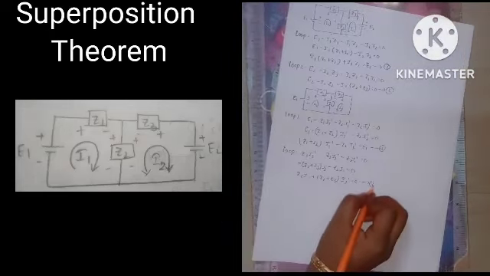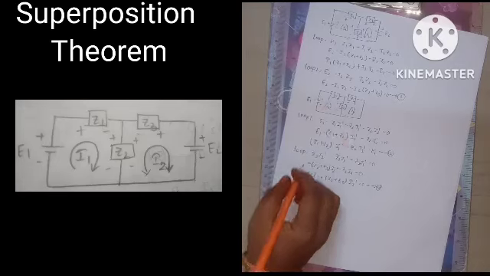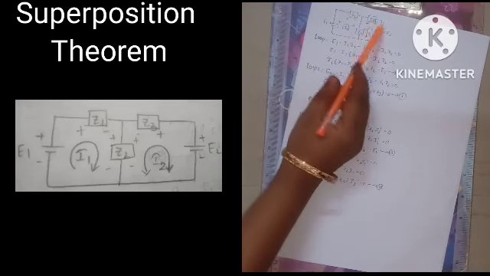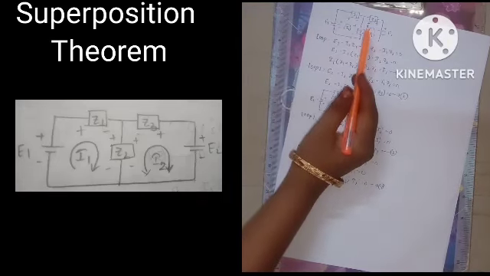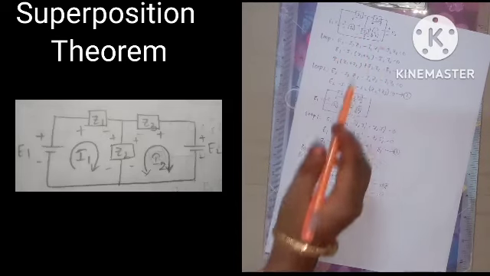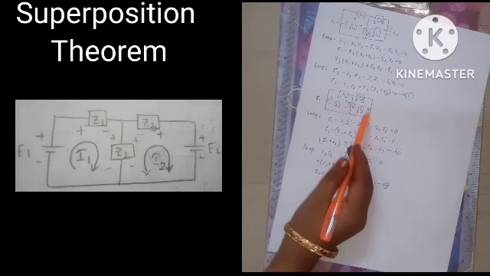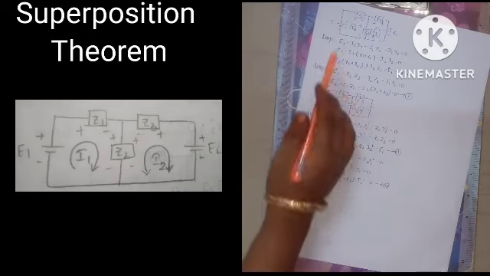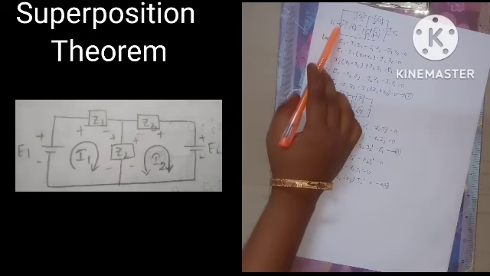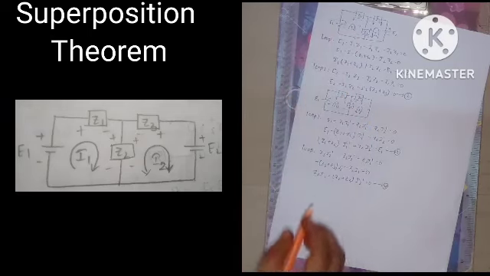This is the fourth equation. Now consider the above circuit with only voltage source E2, where the voltage source E1 is removed, and hence it becomes a short circuit.